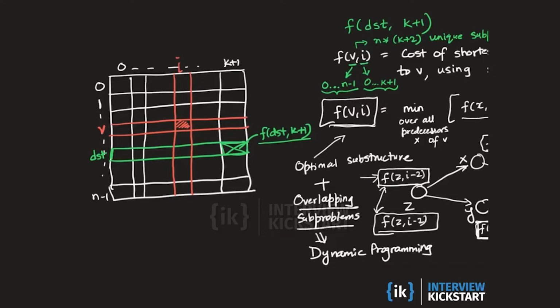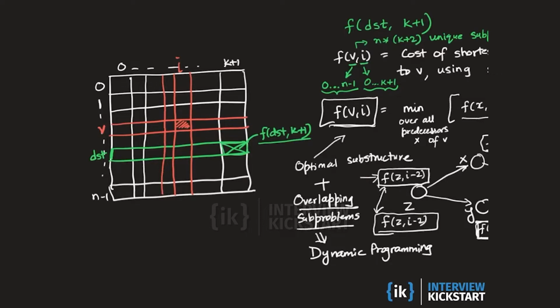So where are the predecessors of v going to be? Well, the predecessors of v could be any of the vertices of the graph. We don't know. Except for v itself, any other vertex could be the predecessor.